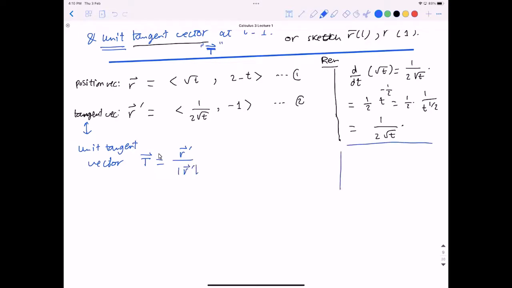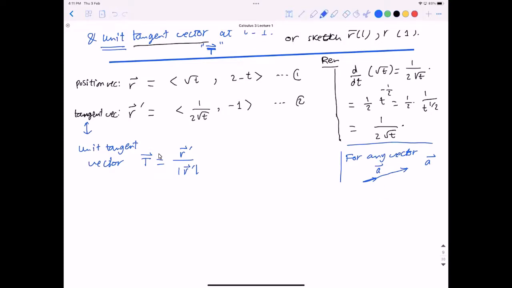This is the way you get a unit vector in any direction. You know that? For any vector A of any length, if you divide by the length of A, you get a unit vector. It has a special symbol.